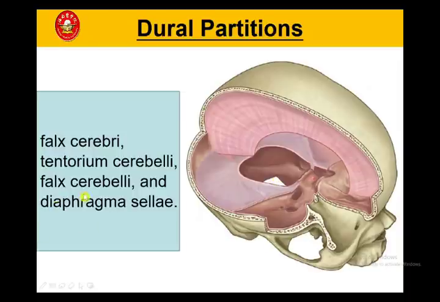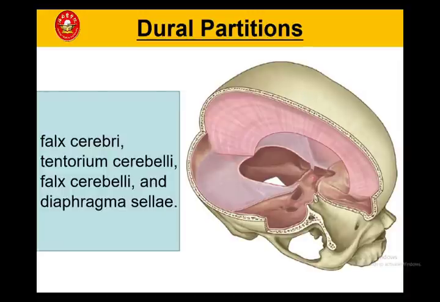Now let's talk about the falx cerebelli. As we can see here, it is a very small midline structure. I will try to point it out here, this portion, a very small midline projection of meningeal dura mater in the posterior cranial fossa.